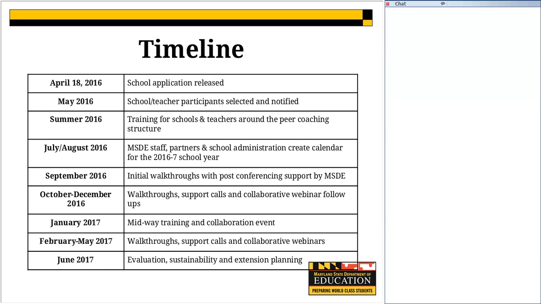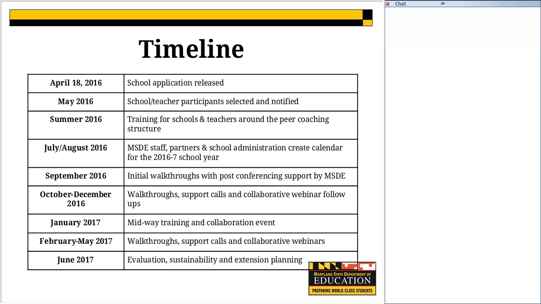I believe we're aiming for May 20th for schools to be notified of the selection. Now keep in mind that we're encouraging everyone to participate, but what we mean by selection is those that will be offered a stipend this year for the participation.